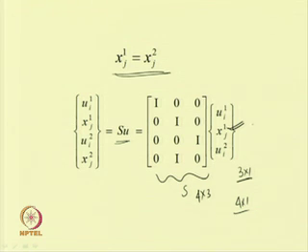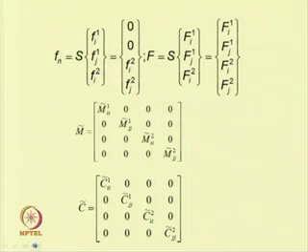Writing this way, we can now write the nonlinear force in this form. F n equals S into F 1, F j 1 and F I 2. This is for the slave component, this is for the master component, and the middle one is for the junction force, which is equal to 0 0, F I 2 and F j 2.